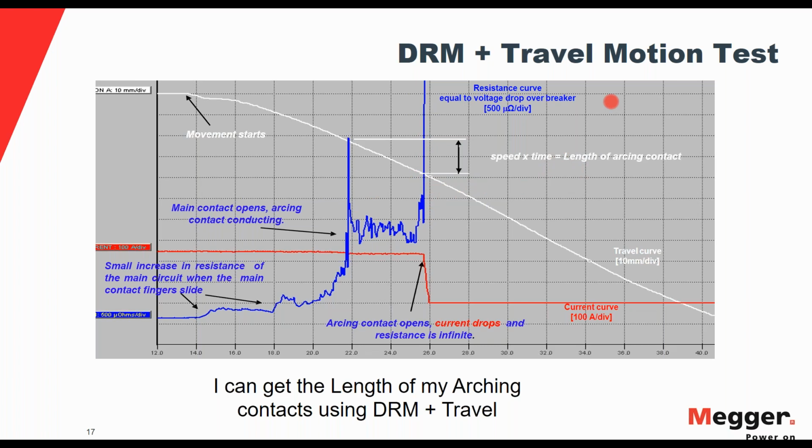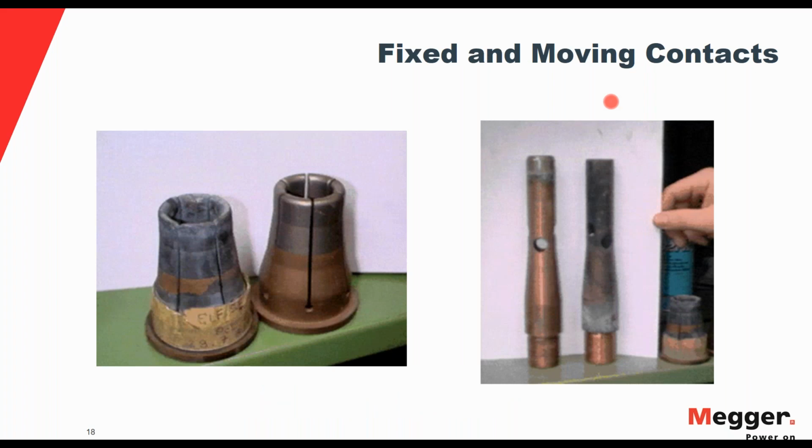So you can measure the length of these arcing contacts even without opening the breaker, which is something very tedious, especially if you have SF6 gas, you have to handle it, you have to empty the tank and all that. So both, for example, for the fixed and moving contacts in your circuit breaker, you can find if there is any problem or wear in them by doing this DRM plus travel motion test.